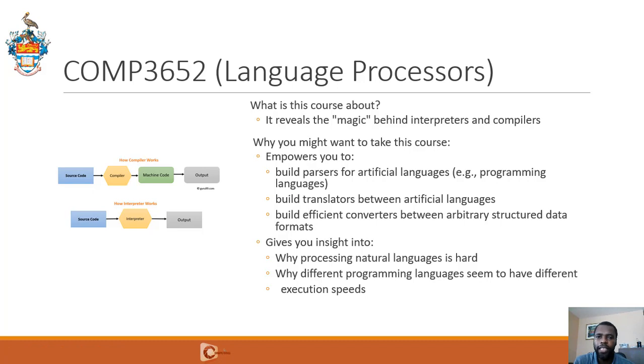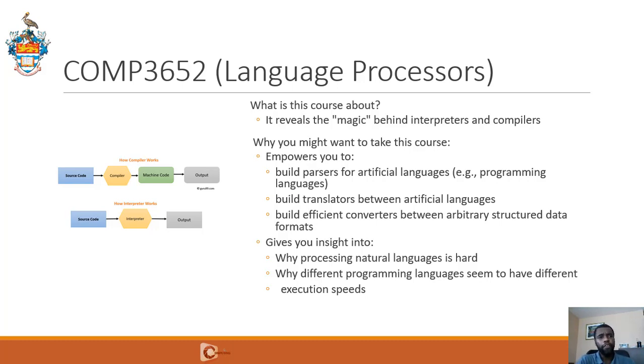So you might want to take this course so that you're empowered to build parsers, say for an artificial language, say a programming language, or even to build translators between artificial languages, or to build an efficient converter between some arbitrary structured data formats.